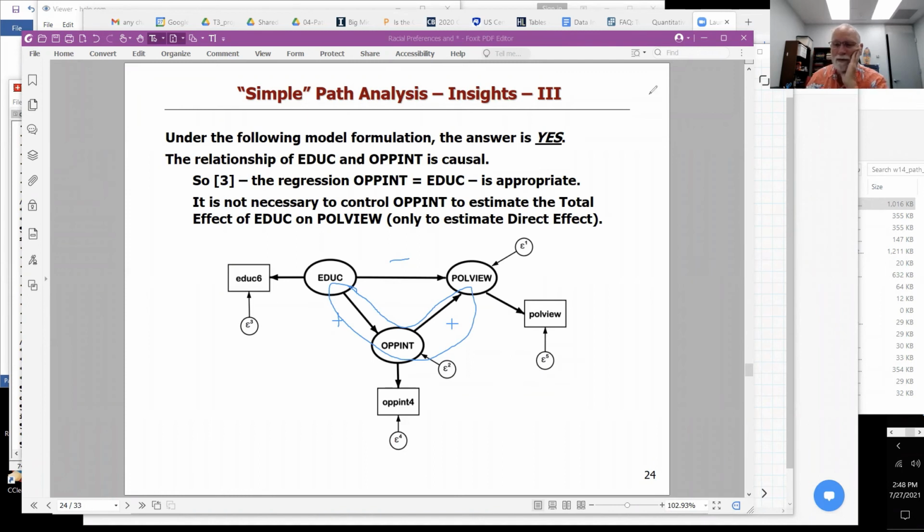So the movement to thinking about your single equation models in this structural equation framework is not a small thing, even if you never run it. This model in front of us can be estimated with OLS regression just by running two simple regressions. But the way we interpret it is guided by this picture.